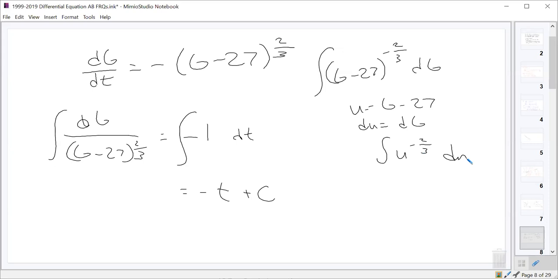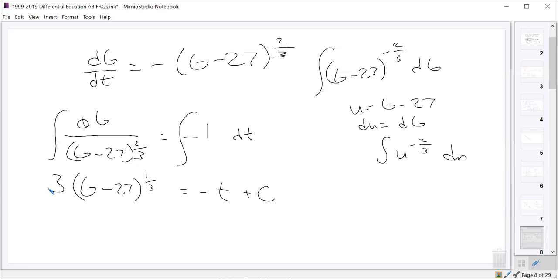We go up by a power of 1, so -2/3 plus 1 is 1/3. So that's u to the 1/3. And then we have to divide by 1/3, which is the same as multiplying by 3. And so there's our integral. Now we need to do what? What's the next step here?